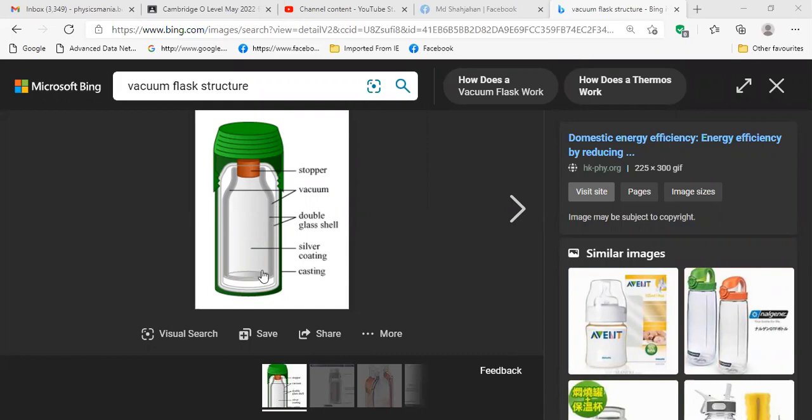And now the third process: there is a possibility of heat transfer by radiation, because radiation does not need any medium. It can pass through vacuum, right? Isn't it? Yes, sir. So how are we reducing it? We are giving a silver coating, right?